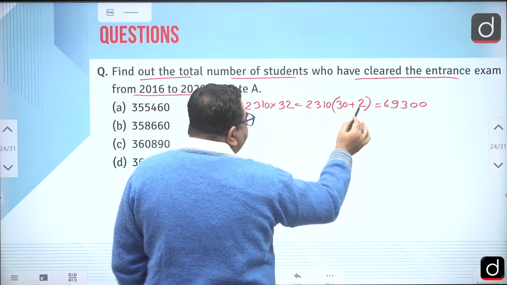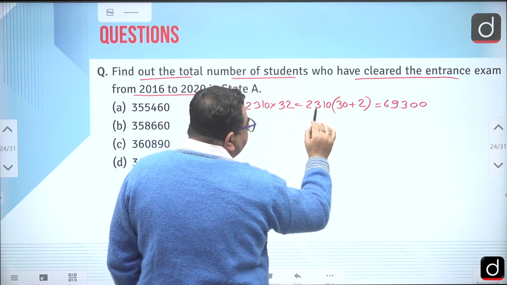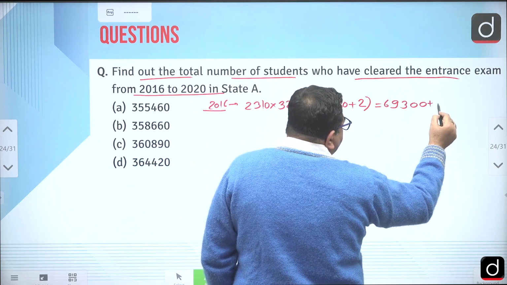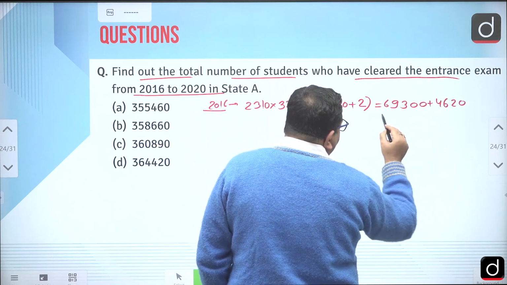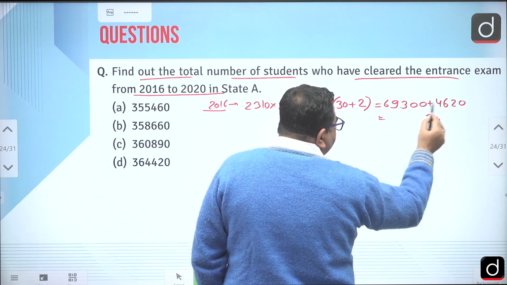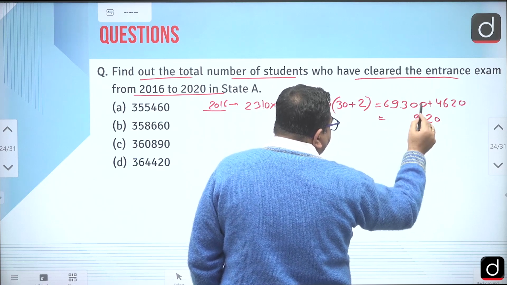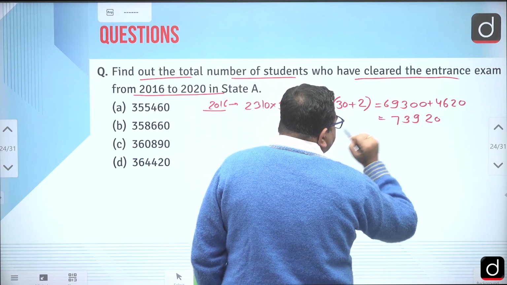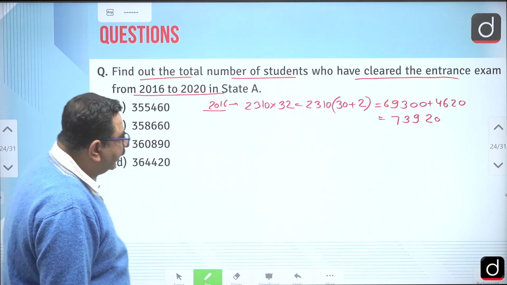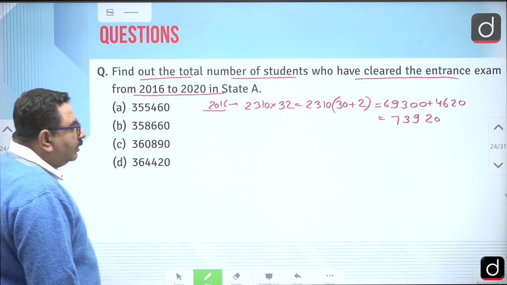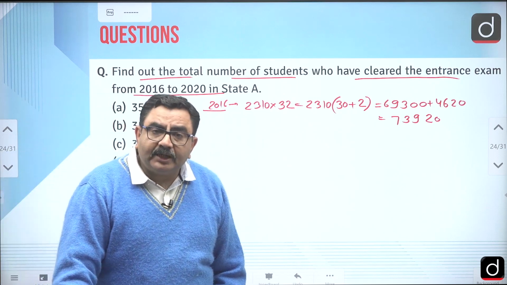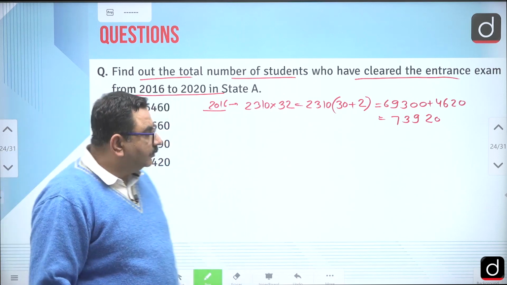And into 2 also, that is 4620. Then we can easily calculate: 0, 2, 3 plus 6 is 9, 9 plus 4 is 13, 7. So can I say 73,920 candidates actually cleared the exam, right?